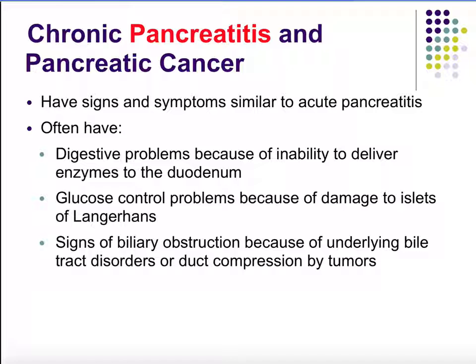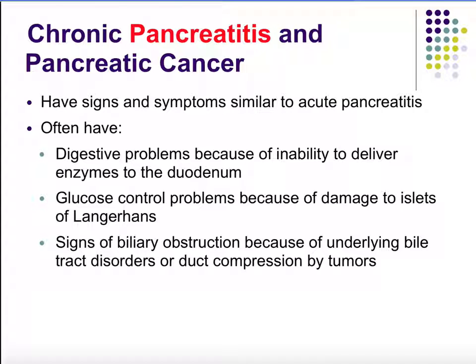The signs and symptoms are similar to acute, but oftentimes the digestive problems will occur a little bit slower. The pancreas is not working the way that it should, which means we're not going to release the digestive juices into the small intestine, and so we'll start to see GI issues. We can also see glucose issues, because when we start to damage our pancreas, we don't limit the damage just to the exocrine part of the pancreas.